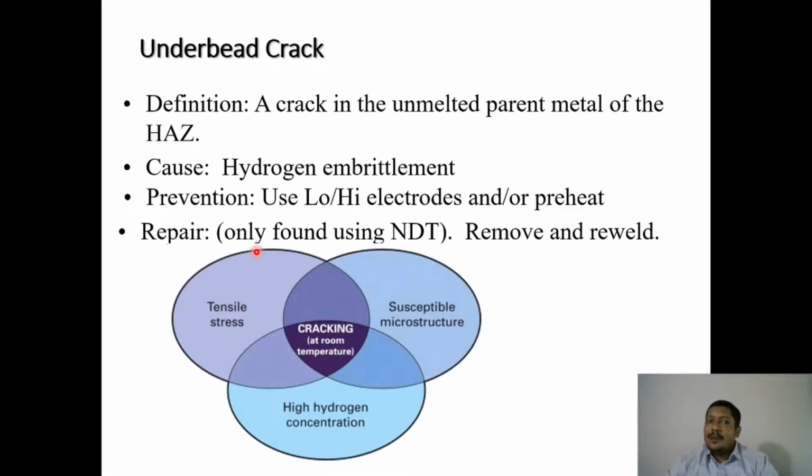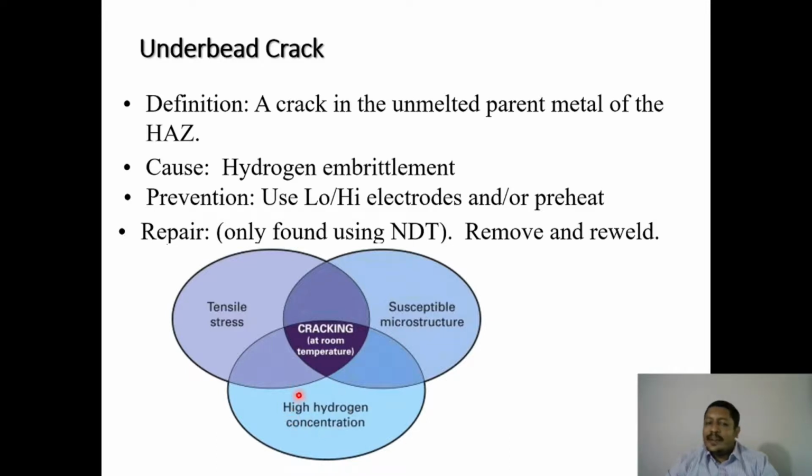Next is underbead crack. A crack in the unmelted parent metal of the heat affected zone is called an underbead crack. It is also called hydrogen embrittlement. Use of low hydrogen electrodes and or preheat can help you avoid it. You can see this is a high hydrogen concentration.